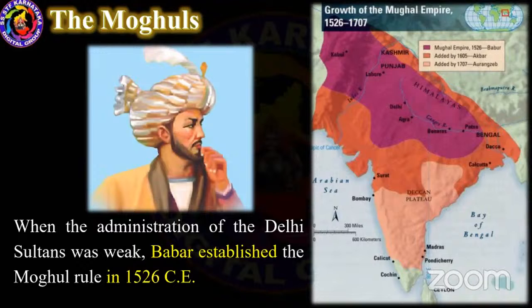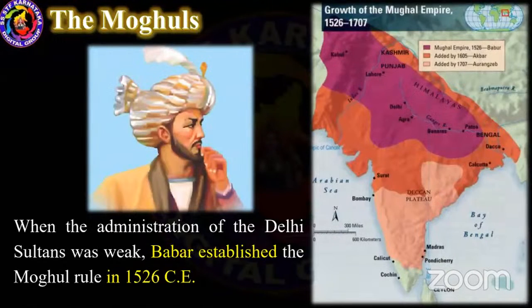This was the empire of the Mughals in the year 1526, during the period of Babur. The pink color indicates the empire which was founded by Babur.